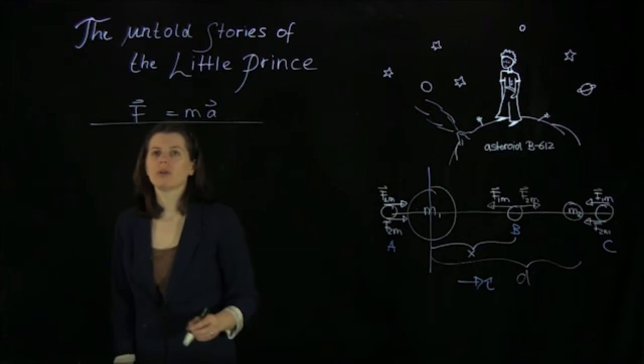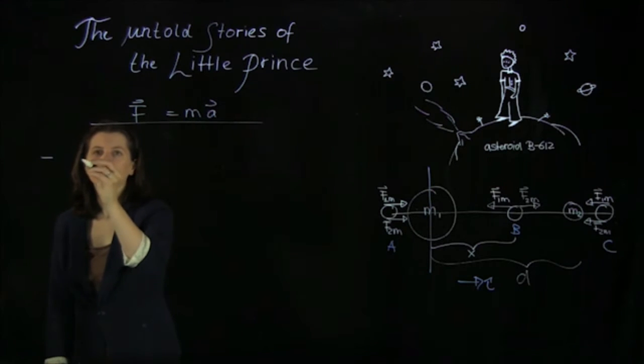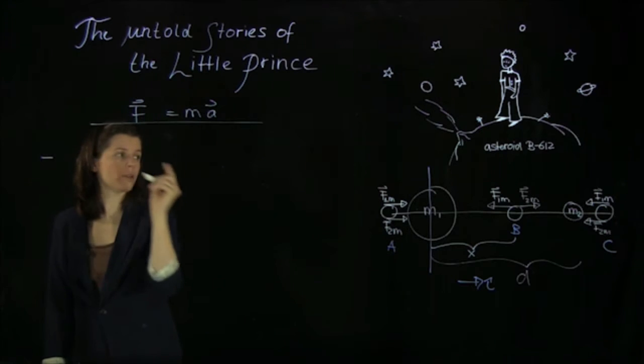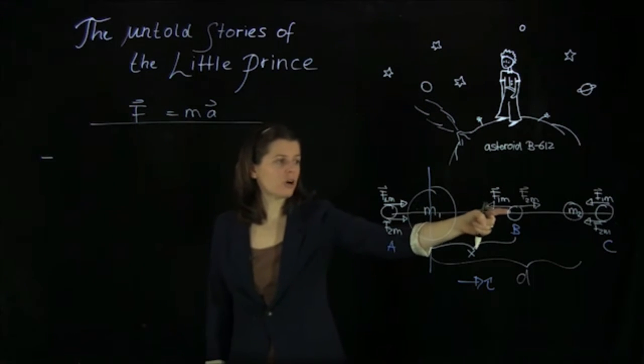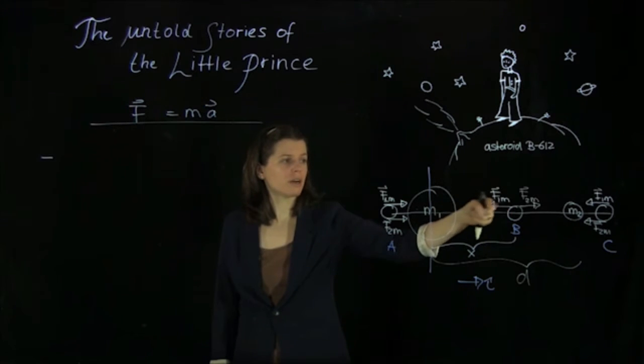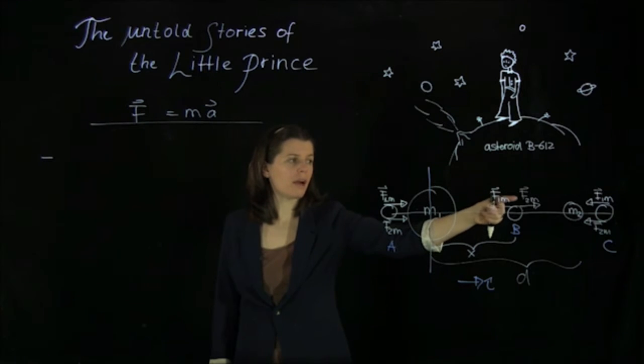And well, we have the universal law of gravitation between the mass of the object here, and we'll have to describe both components. So first this one, F1m, and then F2m.